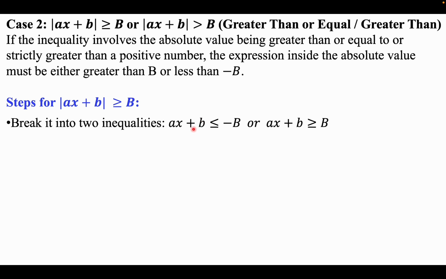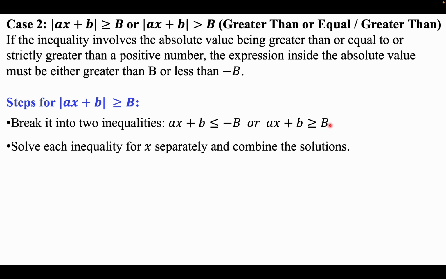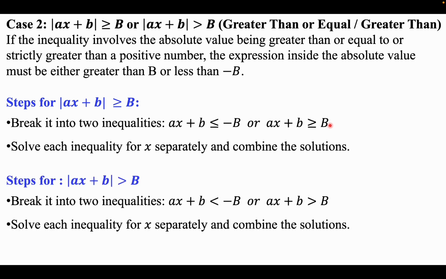The expression inside the absolute value is less than or equal to the negative of that number, or what's inside the absolute value is greater than or equal to that b. And then you solve each inequality for x and then combine the solutions together. It works the same way if you only have the greater than symbol. The only difference is the symbols right here; this one doesn't have the equal symbol underneath.